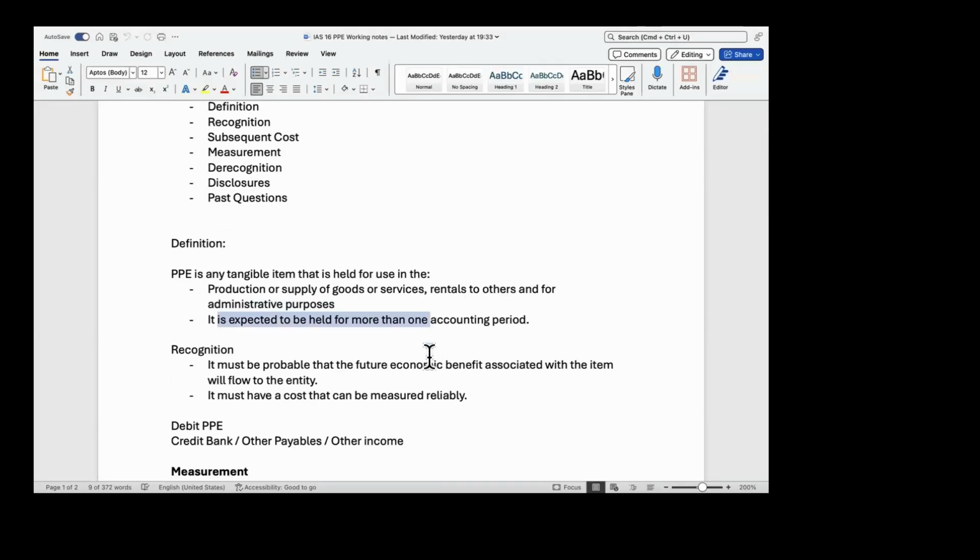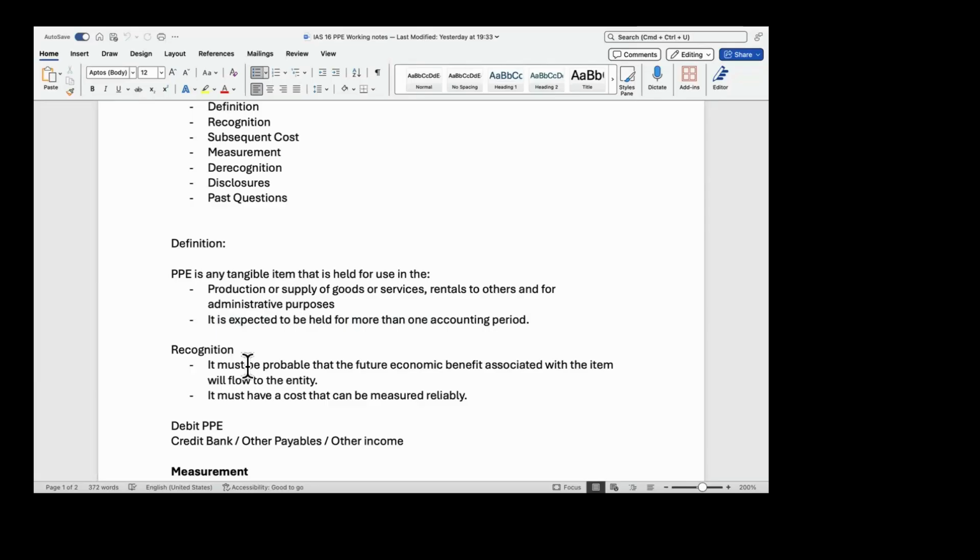Now, when an item fits into this definition, I told you that before you can record it in your books, it must meet two recognition criteria. Recognition criteria number one is that it must be probable that future economic benefit associated with the item will flow to the entity, meaning that we have to be, to a large extent, sure that we're going to make money from that asset.